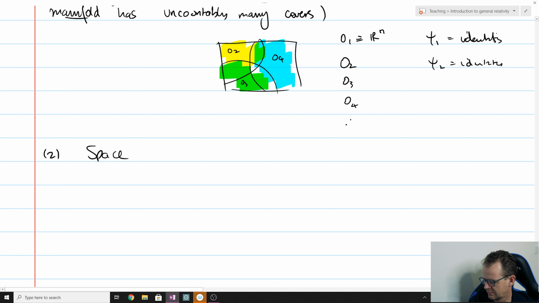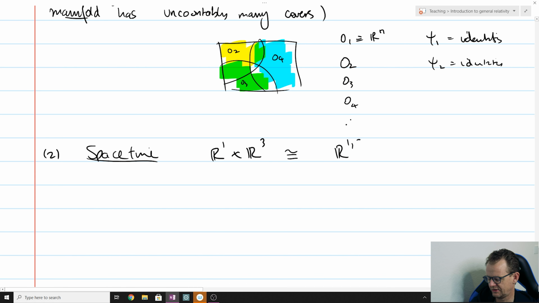Okay, what's another example? Well, space-time itself is an example of a manifold. We'll realize it as a manifold presently. Space-time itself, in special relativity, has a temporal axis and 3 spatial axes.